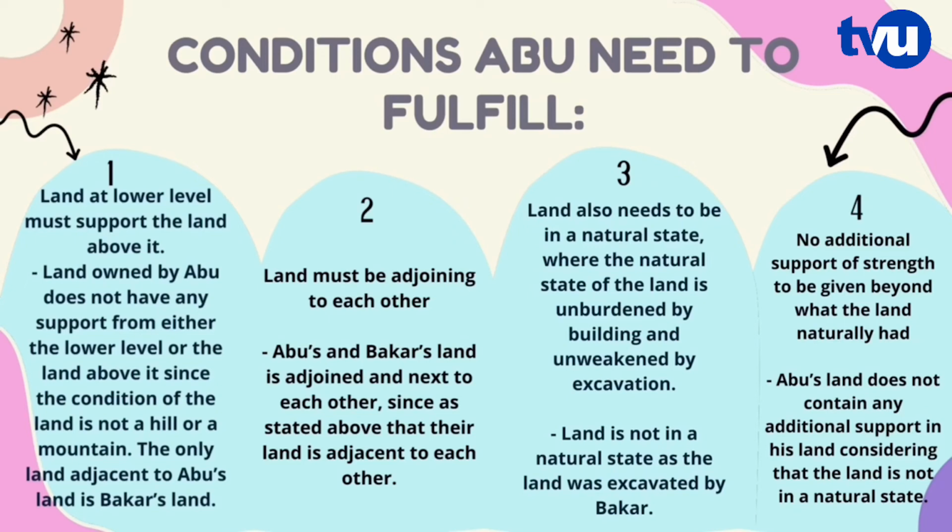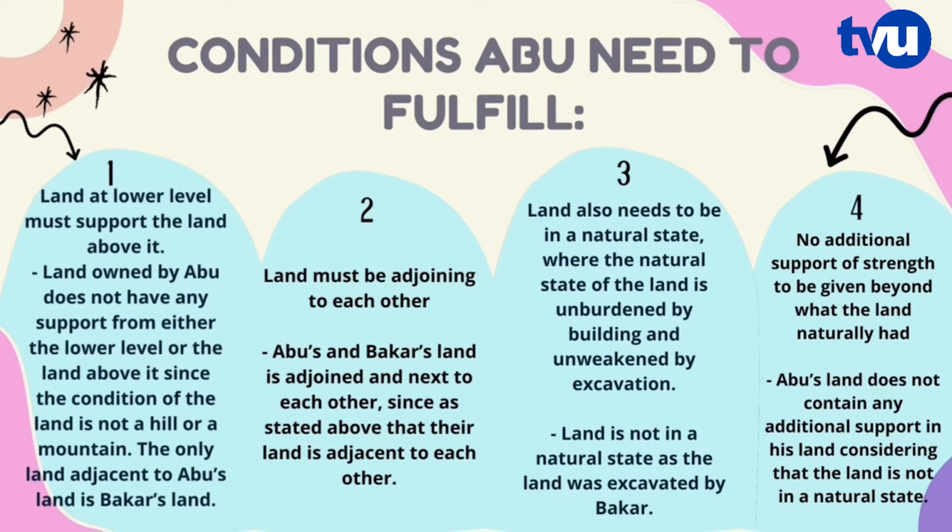The third condition is the land also needs to be in a natural state, where the natural state of the land is unburdened by a building and unweakened by excavation. To apply, the land is not in a natural state as the land was excavated by Bakar. So, the third condition is not fulfilled.